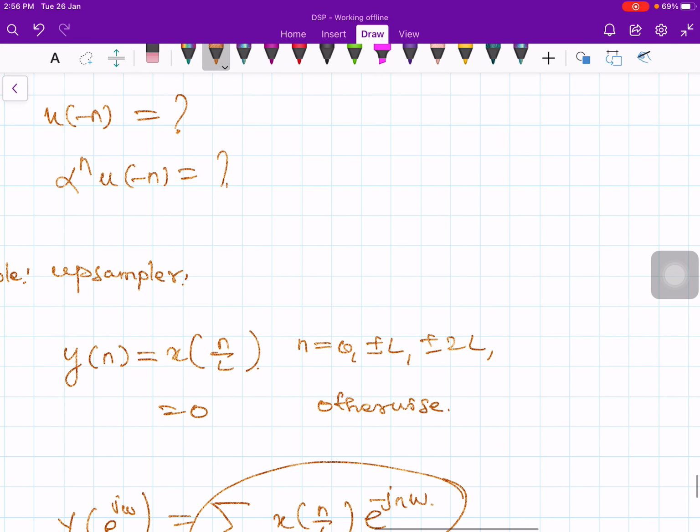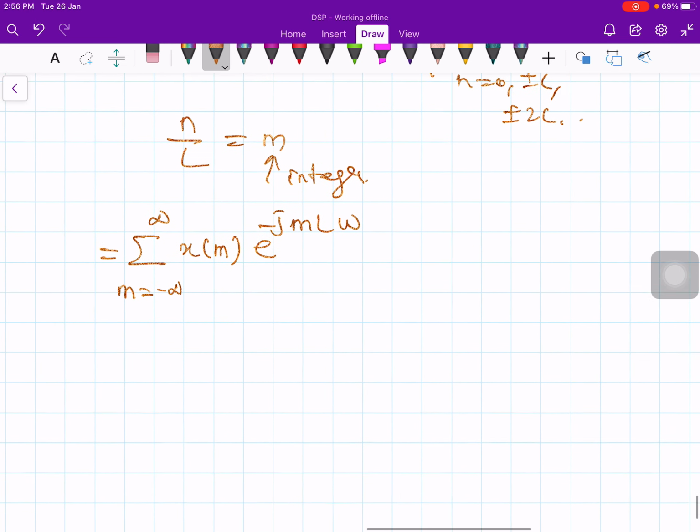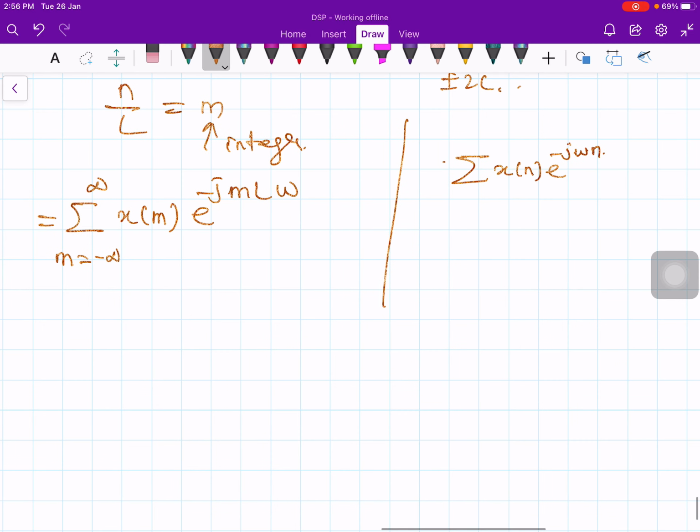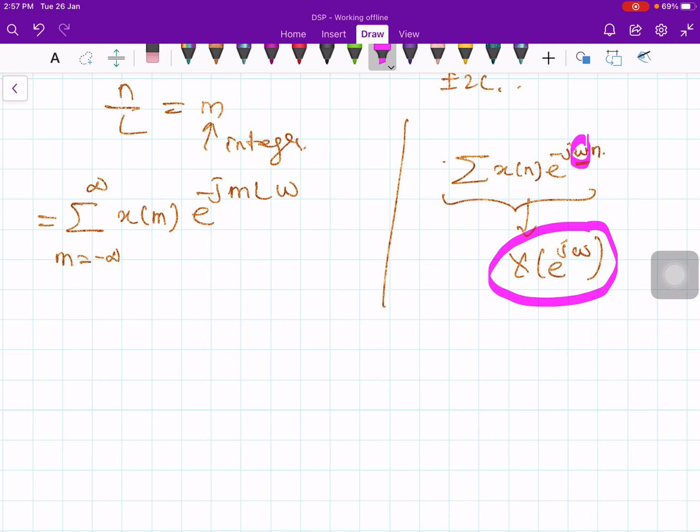Let me write down the definition so that we can compare it: summation of x of n e to the minus j omega n. Right? Now if you have omega here, then you write the entire thing as x of e to the j omega. Yes or no?